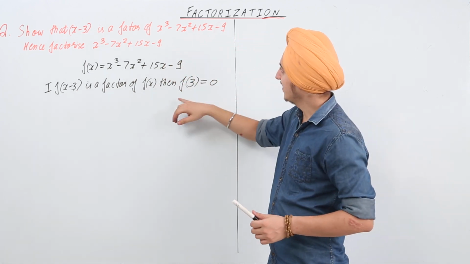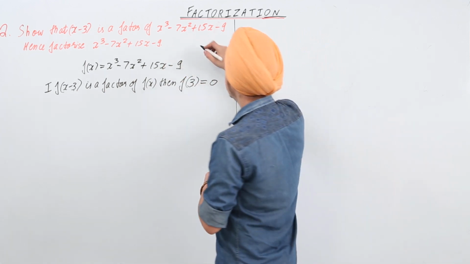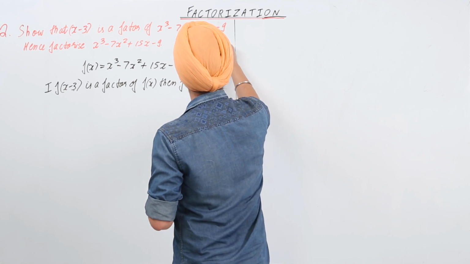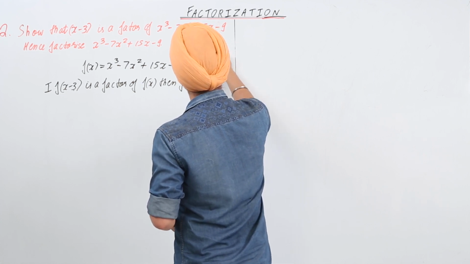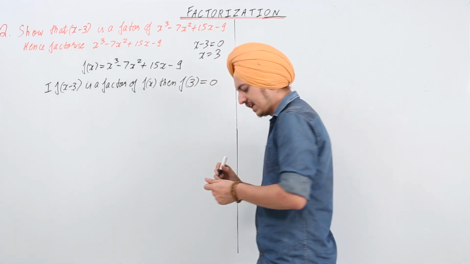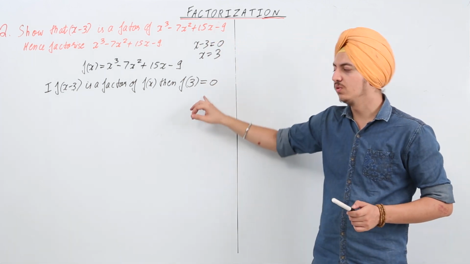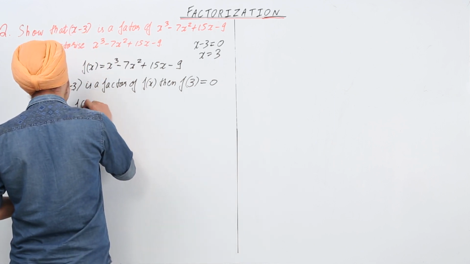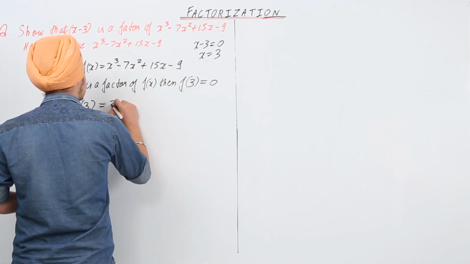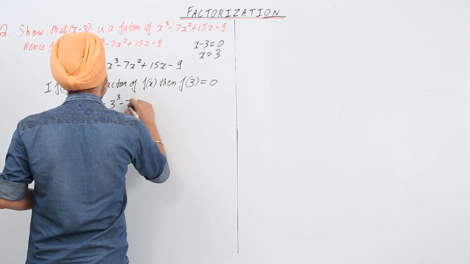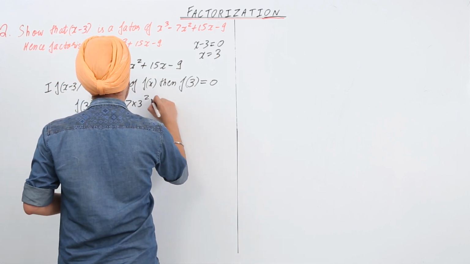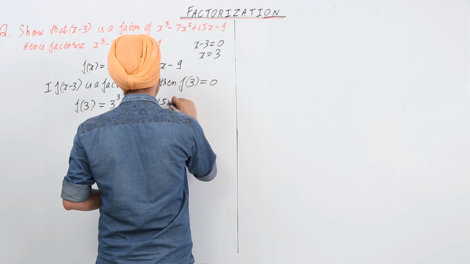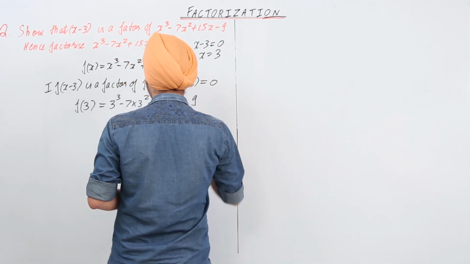Why? Because f(3) is equal to 0 when the divisor, that is x minus 3, is equal to 0. So x is equal to 3. So f(3) should be equal to 0. We find the value of f(3), that is 3 cube minus 7 into 3 square plus 15 into 3 minus 9.